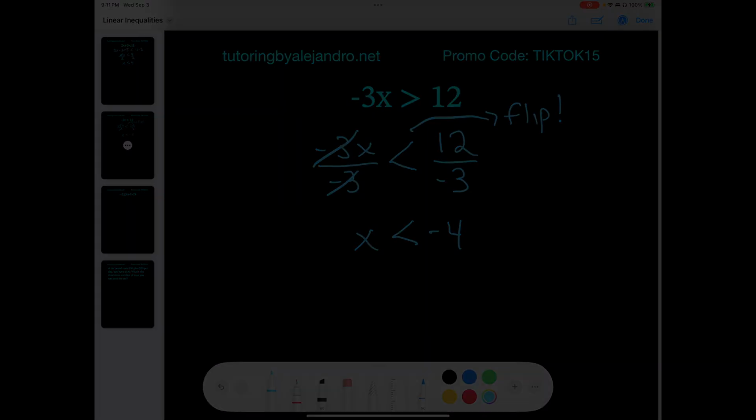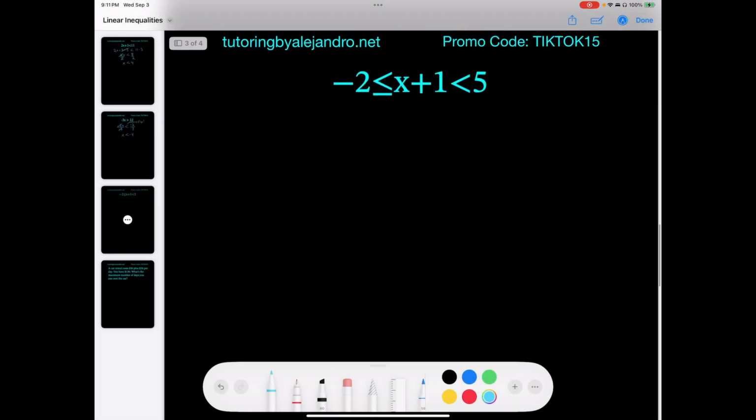Okay, moving on. Now we have a compound inequality. So we have negative 2 is less than or equal to x plus 1, and x plus 1 is less than 5. Okay, so here the variable is stuck in the middle. So to get rid of that plus 1, we have to subtract 1 on all sides.